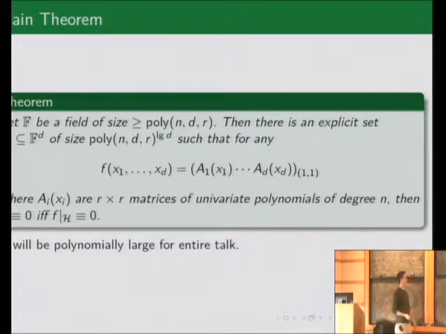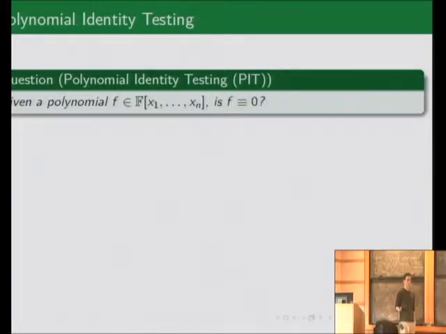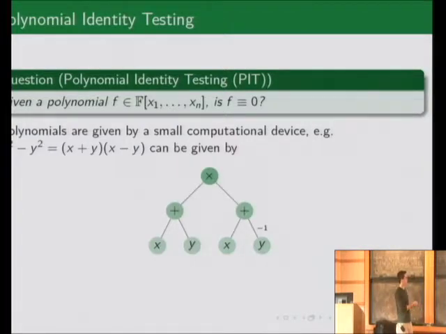So the PIT question is, given a polynomial, is it identically zero? And when we say given, we mean that it's given by a small computational device. I give you this device, and you want to say, does this device compute the zero polynomial? As an example, we can have this formula computing x squared minus y squared.